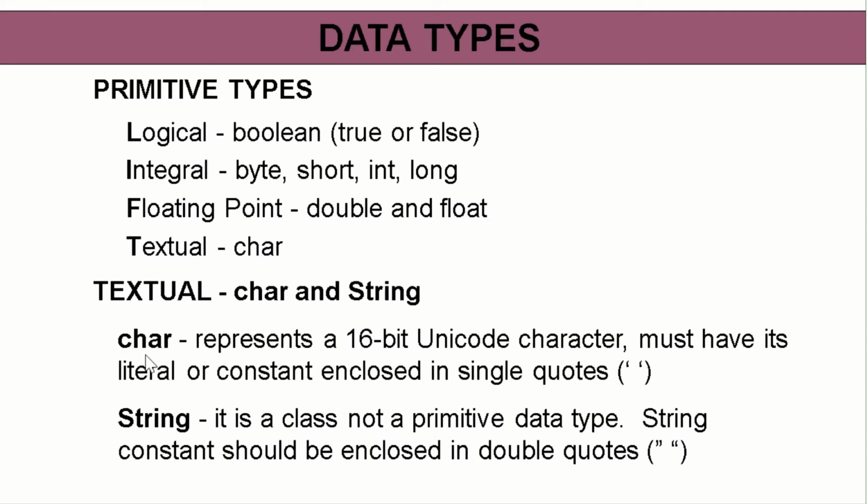Character, or char, represents a 16-bit Unicode character, and must have its literal or constant enclosed in single quotes. Every time you use the char data type, you enclose it with single quotes. String is a class, not a primitive data type.